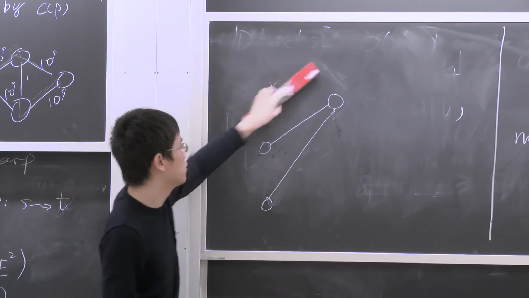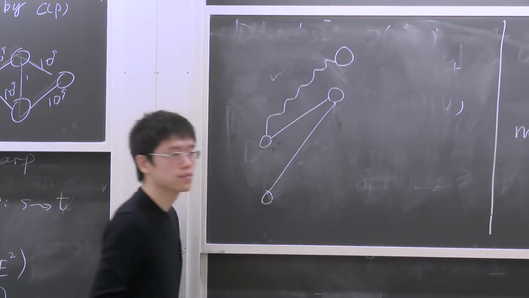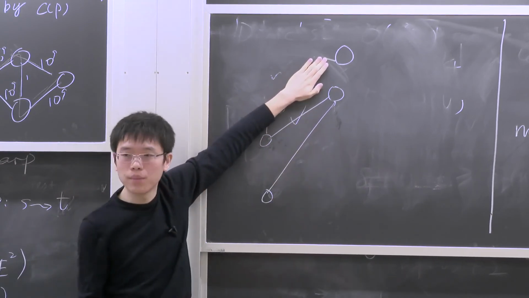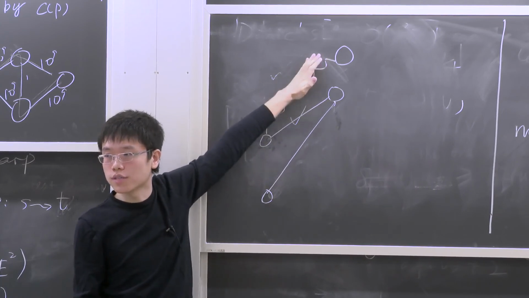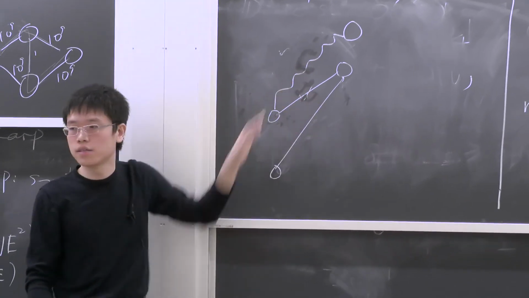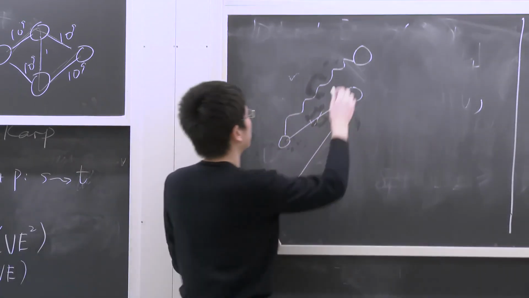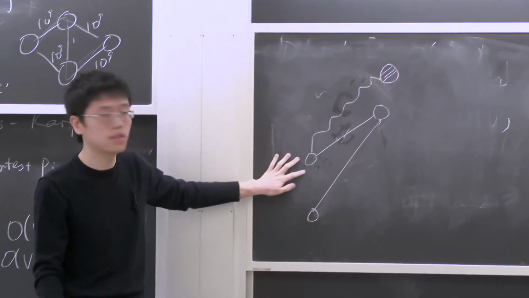I claim this node needs at least one matched edge, because if it doesn't, then I should add this edge into my matching. It doesn't violate any constraint. I didn't add that because there is probably a matched edge connecting to this node. Then this node has to be dark because this one is not.